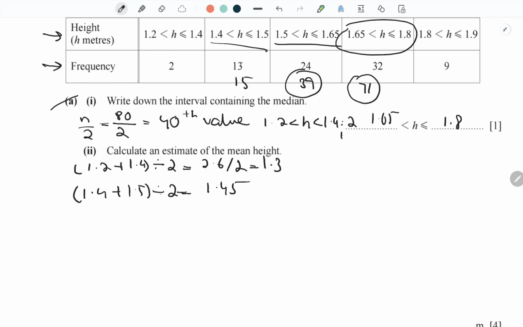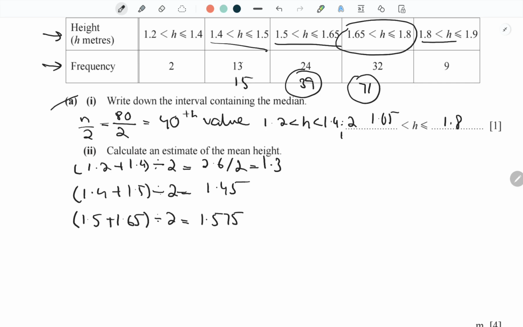Then the third one, 1.5 plus 1.65, divided by 2, equals 1.575.